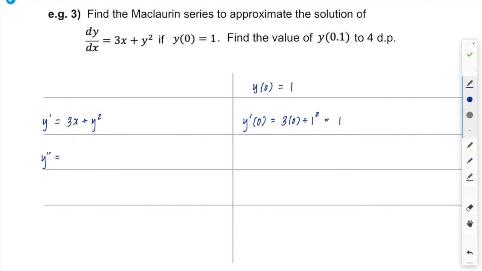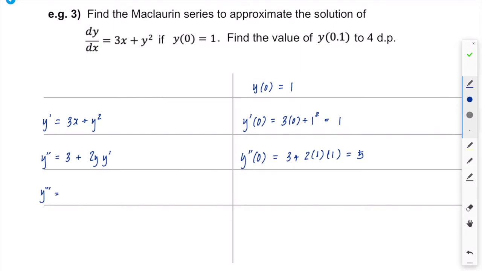Now y double prime, I have the derivative of 3x, so 3, plus the derivative of y squared, 2y y prime. Okay, so y double prime at 0 is equal to 3 plus 2 times y, which is 1, times y prime, which is also 1. This is 5.